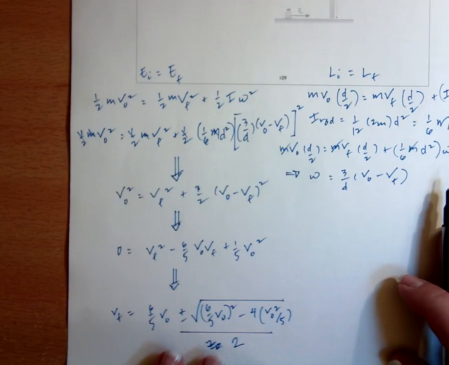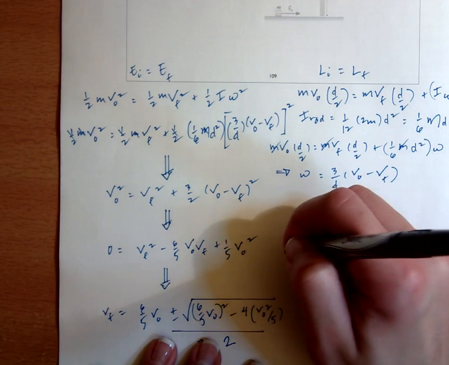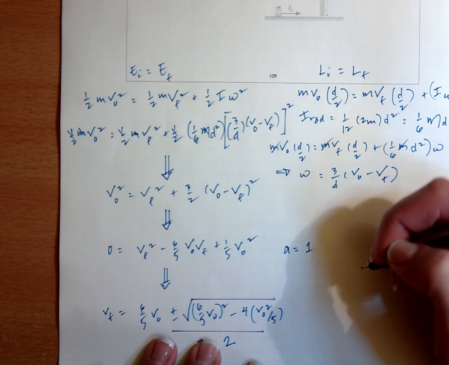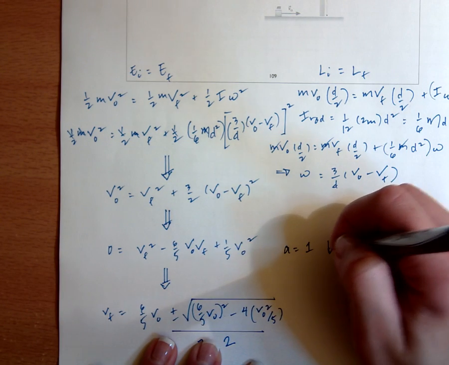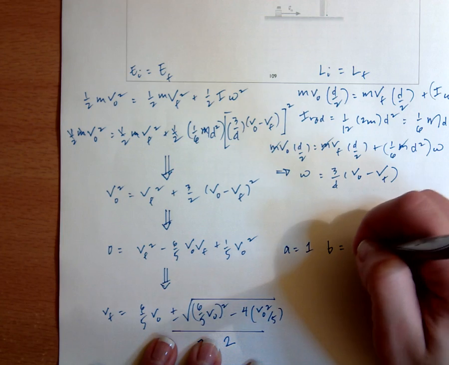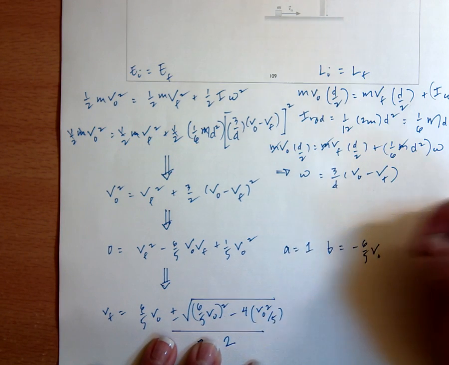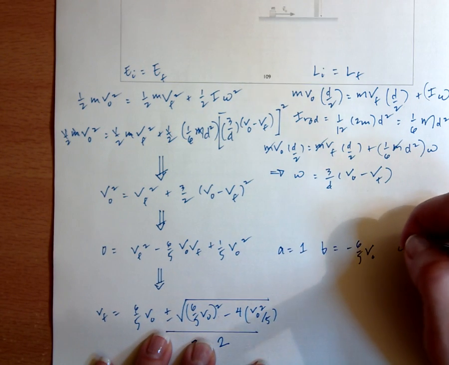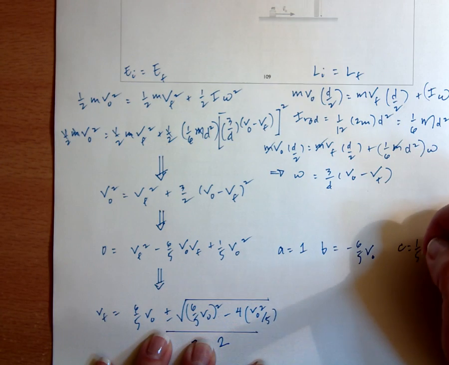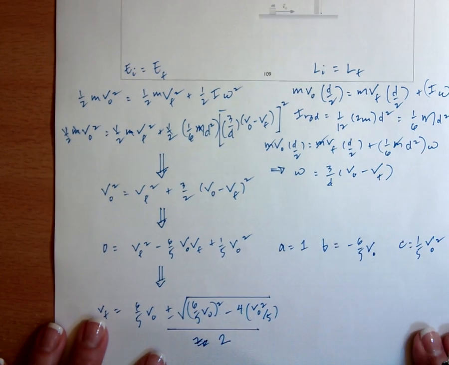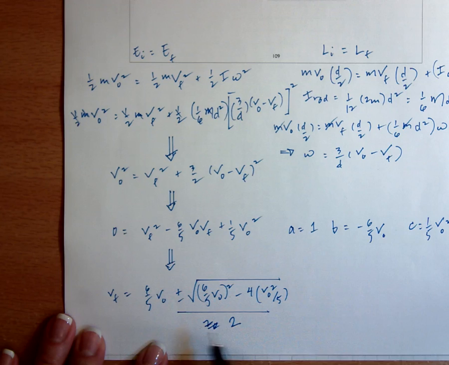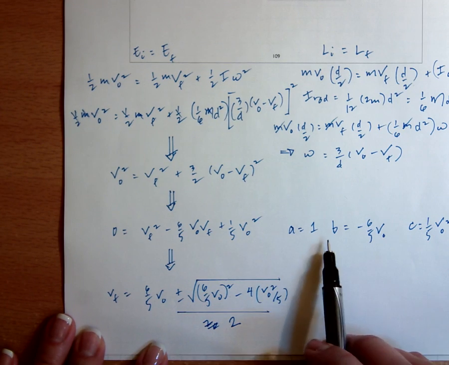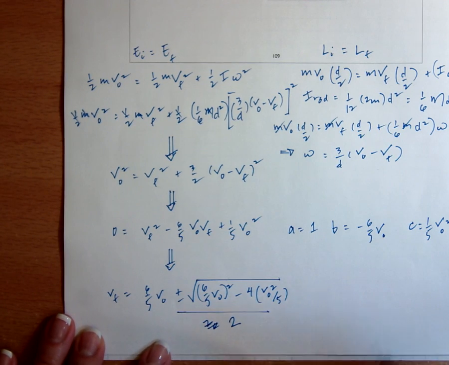So if I were to identify a, b, and c, a is equal to 1, b is equal to negative 6/5 v initial, and c is equal to 1/5 v initial squared. And so that's where we get this equation, applying the quadratic equation. a, b, and c are our coefficients.